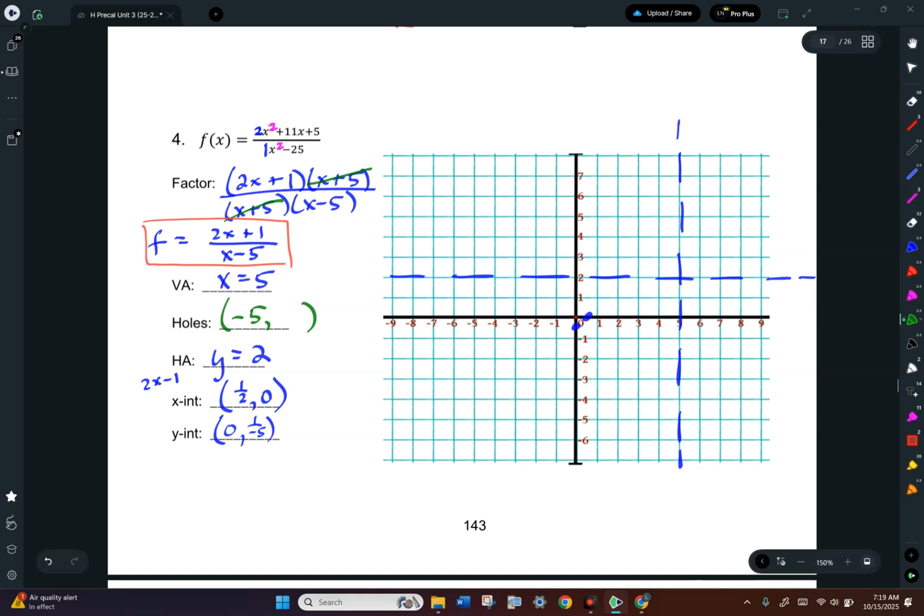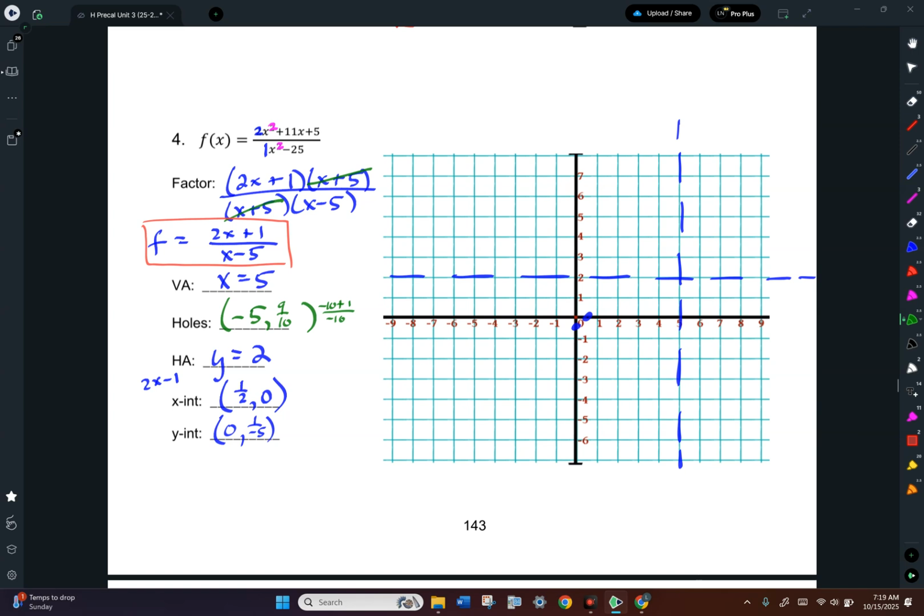Sorry about that. So if the hole is at -5, I need to put a -5 in for x. So that's going to be -10 plus 1 over -10. So -9 over -10, so 9/10. So at -5, 9/10, right up.